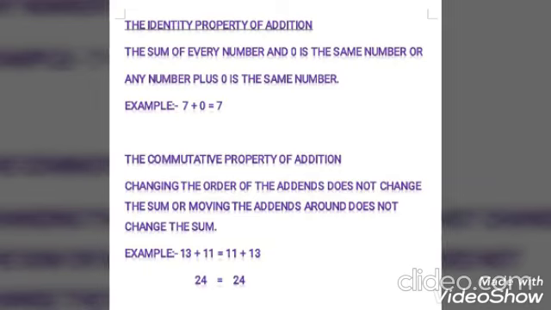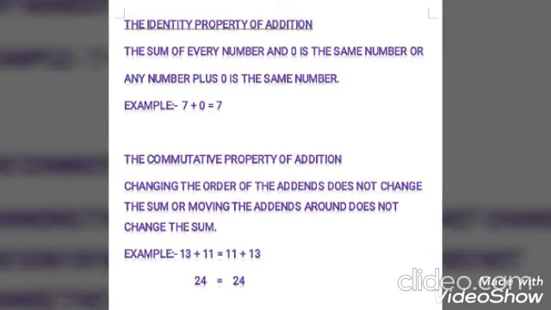Now, second property, the commutative property of addition. Now, what is the commutative property of addition? Suppose we give you an addition statement: 2 plus 3. It is an addition statement, isn't it? Now 2 plus 3, or if I write 3 plus 2, what will be the answer or what will be the sum? 2 plus 3 is 5 and 3 plus 2 is 5.